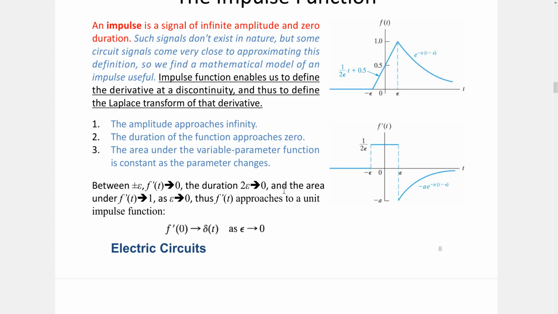So we implement this impulse function from a variable parameter function whose parameter approaches 0. This is epsilon, basically. The variable parameter function must exhibit three characteristics. First of all, the amplitude should approach infinity, the duration of the function should approach 0, and the area under the variable parameter function should be constant when the parameter changes.